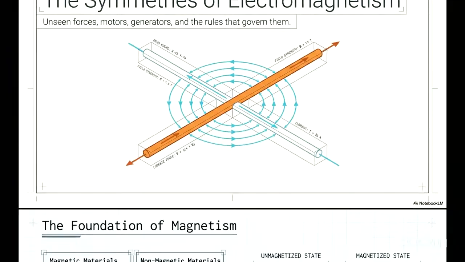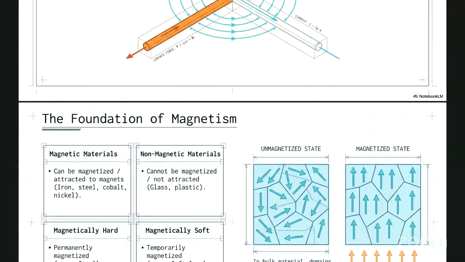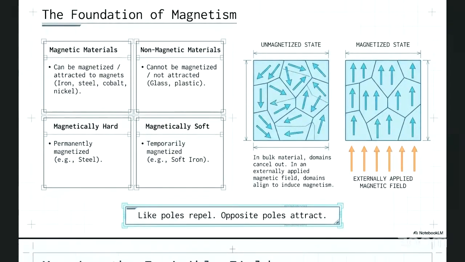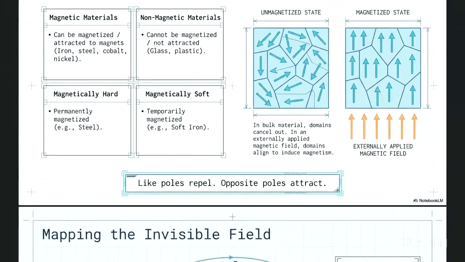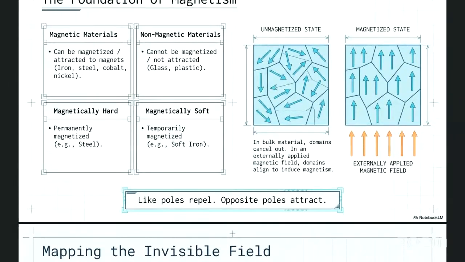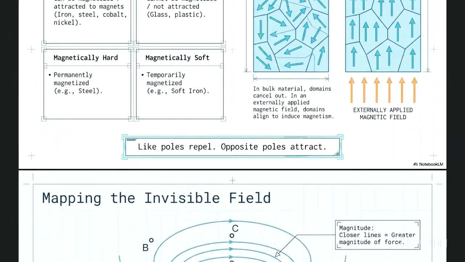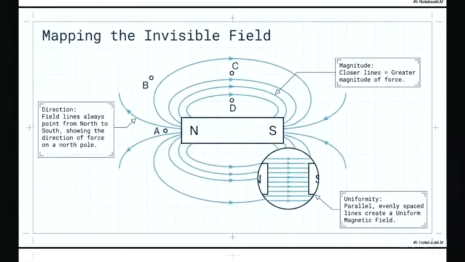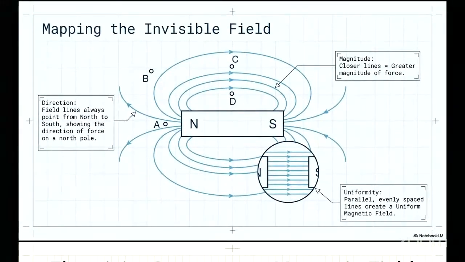Okay, so far in this unit, we discussed these sections. What are magnetic materials and non-magnetic materials, and what is meant by magnetically hard and magnetically soft. We also discussed how to draw magnetic field lines and what types of experiments can be conducted to identify magnetic fields.